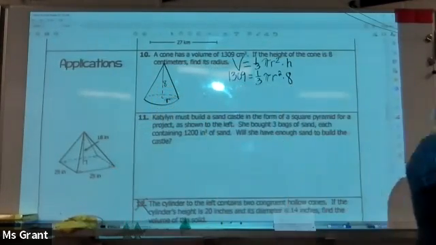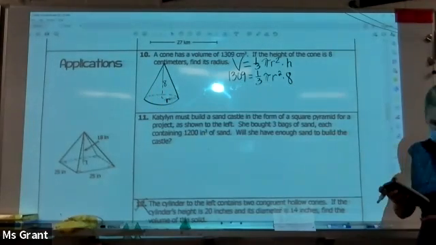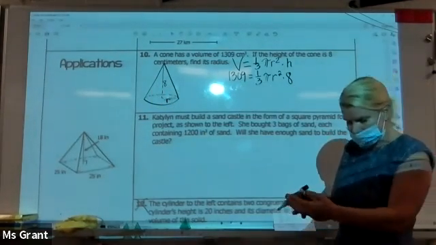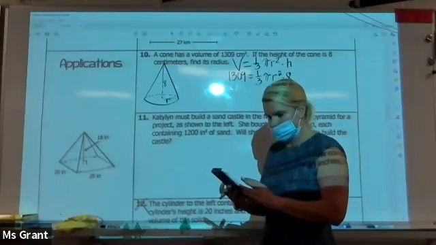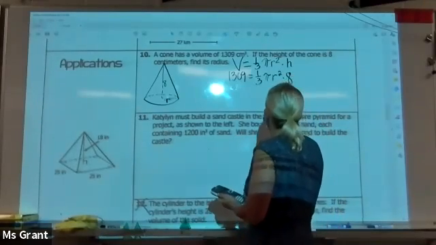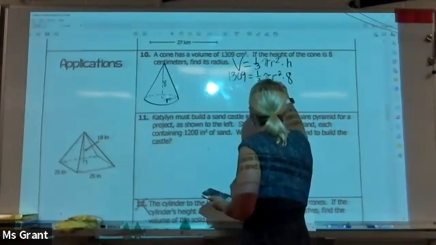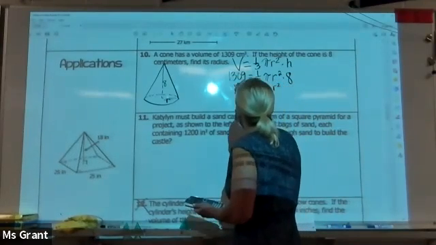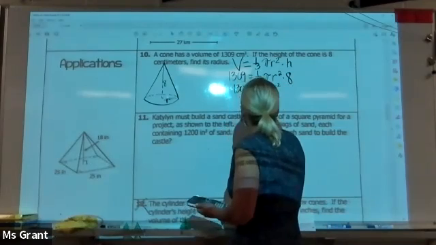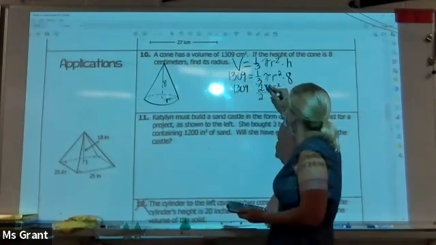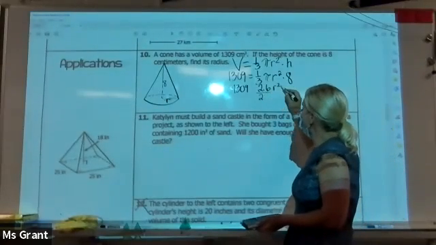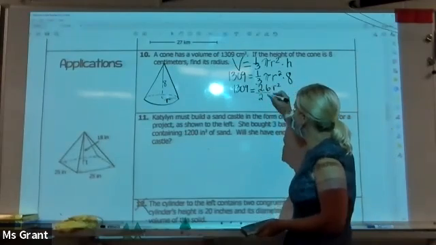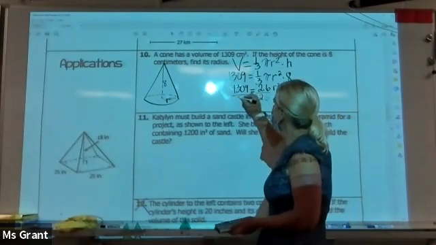If I do that method, I'm really trying to combine like terms on one side as best I can. 8 divided by 3, so it's 2.6 repeated. I'm going to run out of space. Anyways, 1/3 times 8 is 2.6 repeated. So I have 2.6 r squared on one side and 1309 on the other.